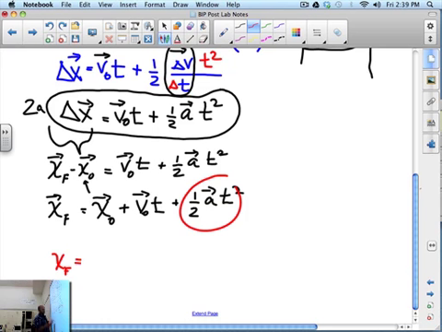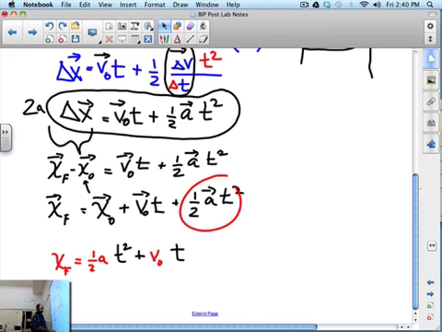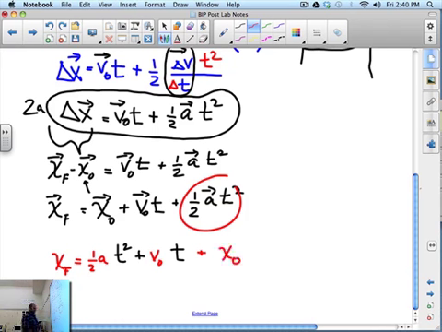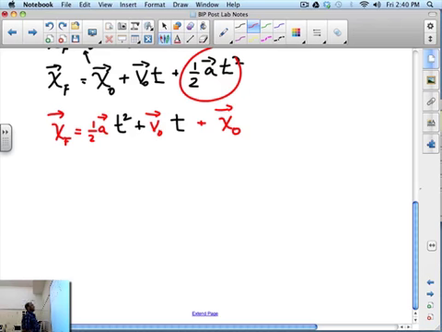Final position equals 1/2 a t squared plus v naught times t plus x naught. Do you see it? This is a quadratic.